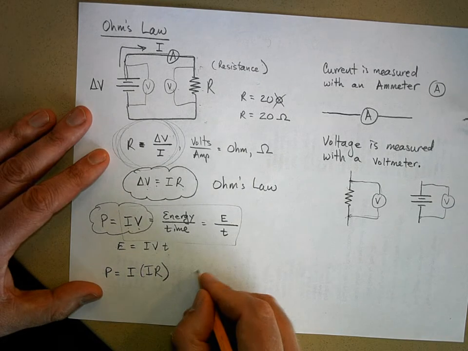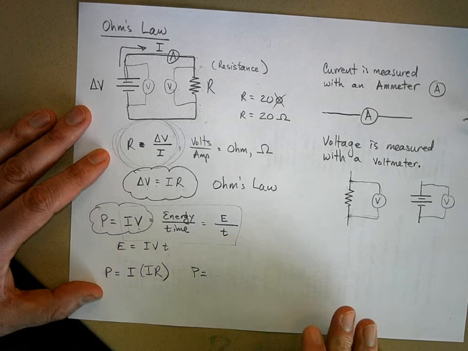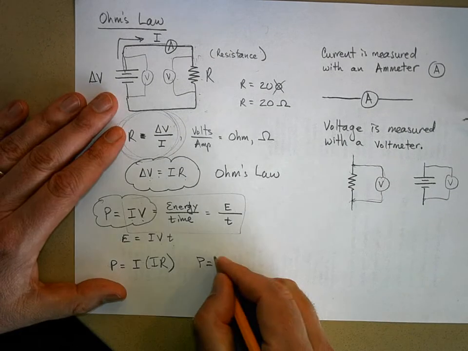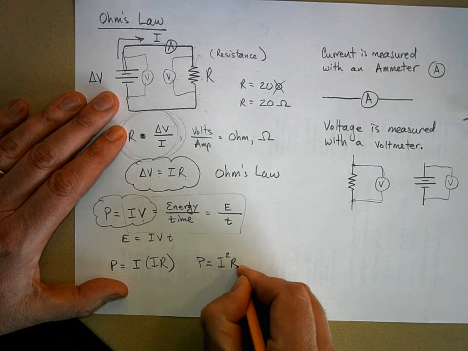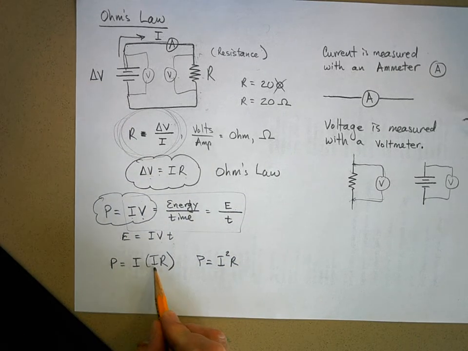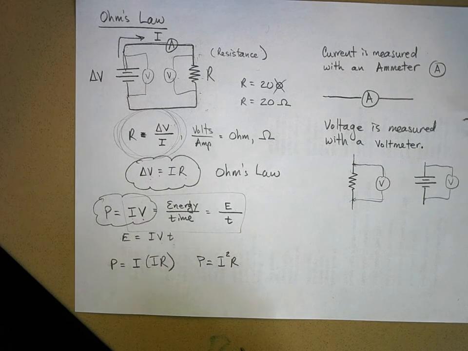You quite often see the power given off by a resistor is equal to I squared R. I times I is I squared times R. So there's another way of expressing the power that comes out of a resistor.